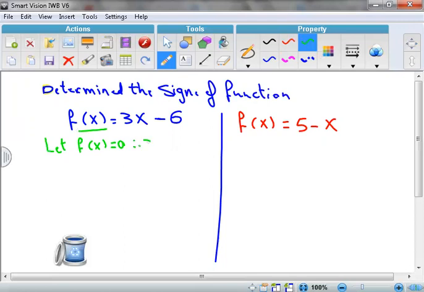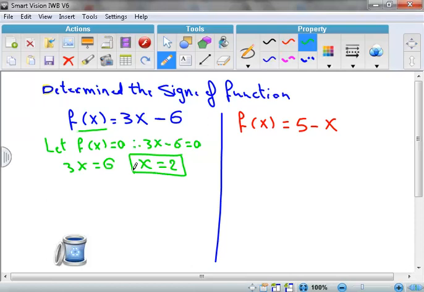Then 3x minus 6 equals 0. 3x equals 6. Divided by 3, then x equals 2. That is the solution set of f of x equals 0.